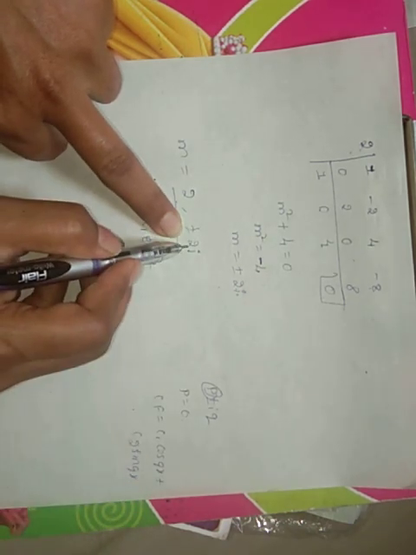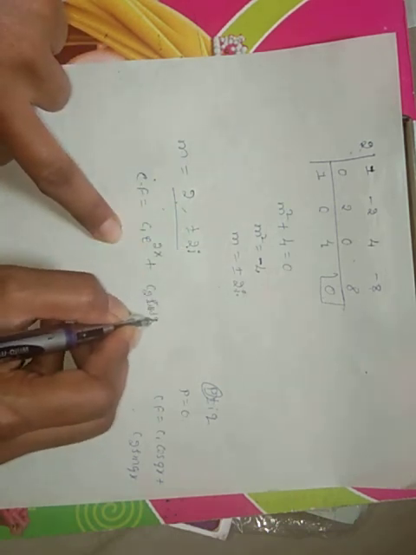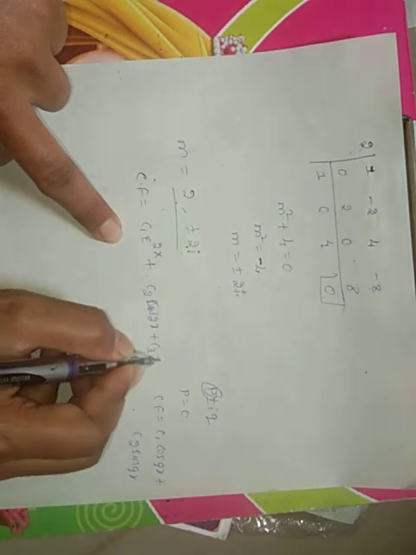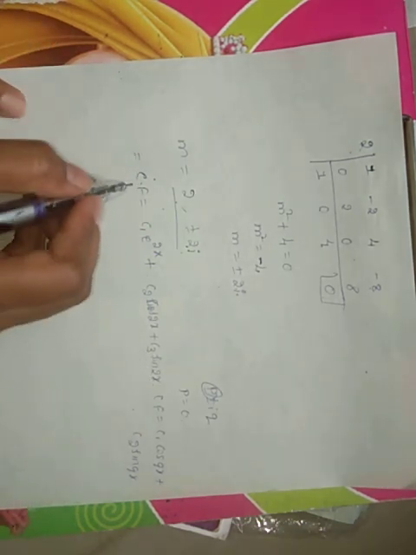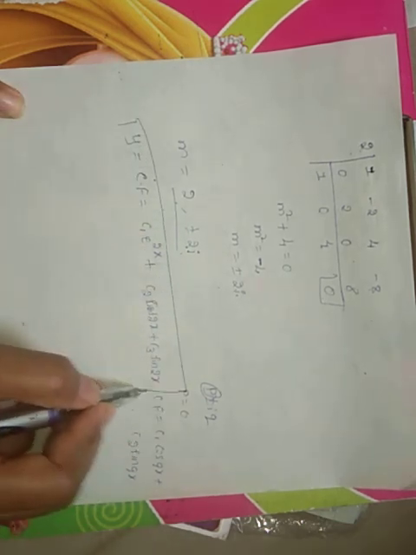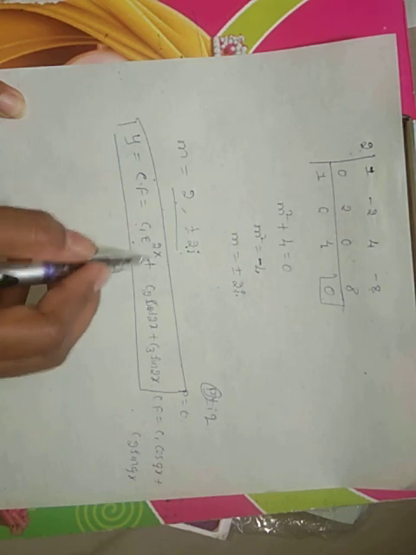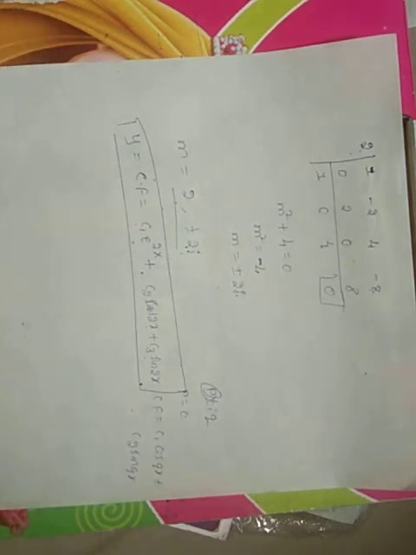Here q equal to 2. So the solution of the homogeneous differential equation is c1 e raised to 2x plus c2 cos 2x plus c3 sin 2x.